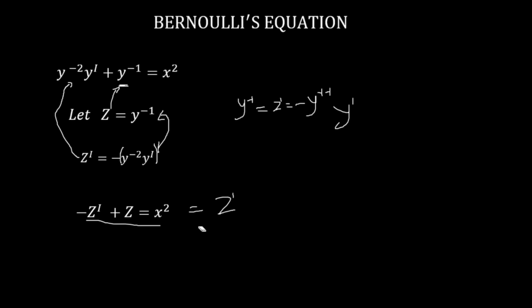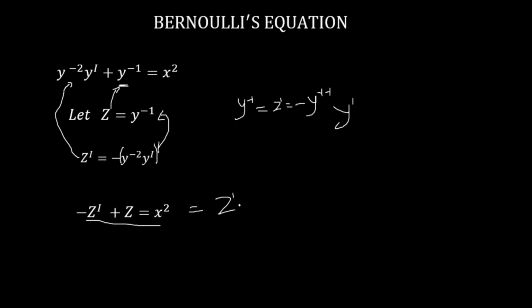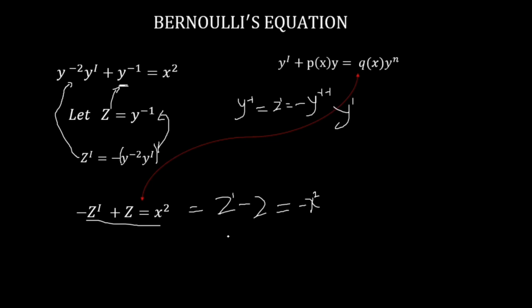So we are going to get z prime minus z is equal to negative x squared. So we try making the z prime positive. After that, we've now changed this form into this. So we've changed this one into a linear form.